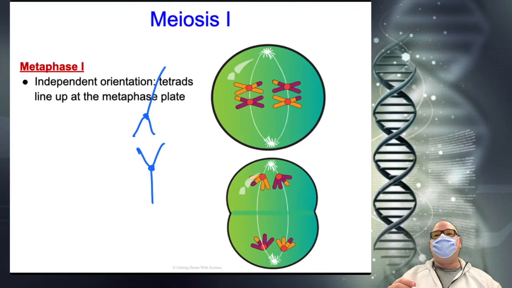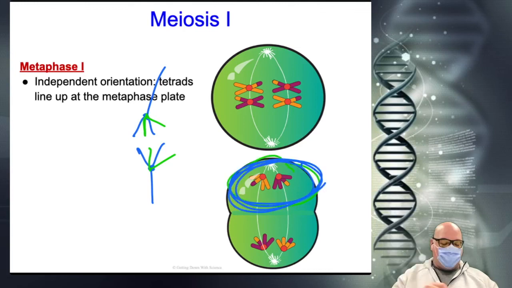Okay, this is only going to happen in meiosis one. In meiosis two, the anaphase is going to be singles. So this is a key way to know where you are. If you ever see a picture and you're like, what, there's doubles in there, well, that's how you're going to know you're in meiosis one, because what's going to happen down the road is those are going to get cut in half again, and we're going to go back to haploid.